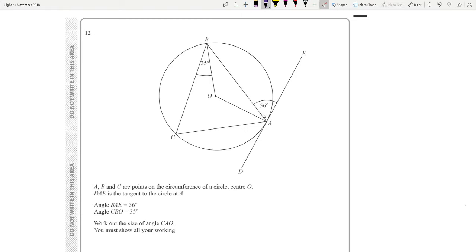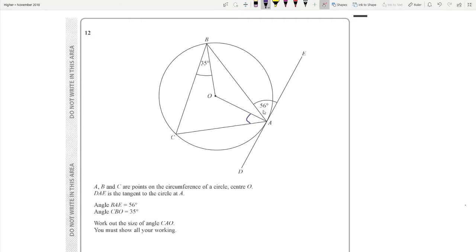We know that BAE is 56 degrees and CBO is 35 degrees. We want to work out the size of angle CAO. So first of all we need to understand which angle we're working out, and it's this one here. Work out that angle. You must show all your working.